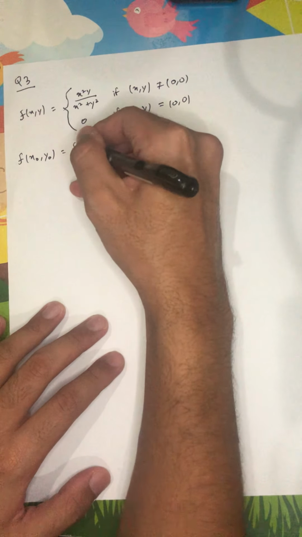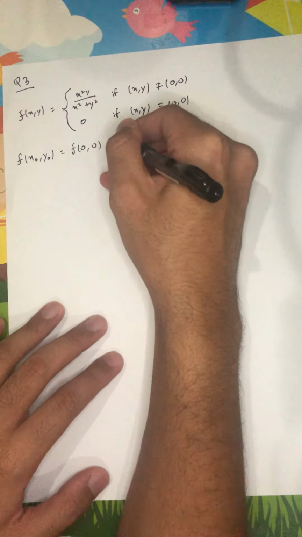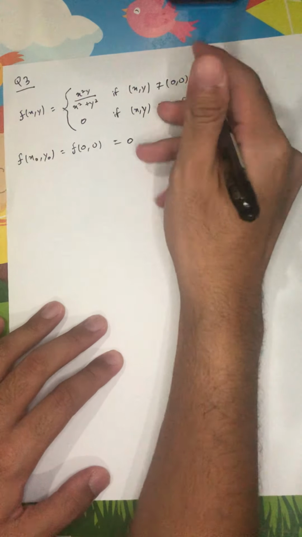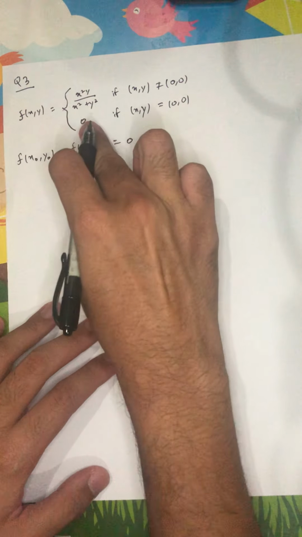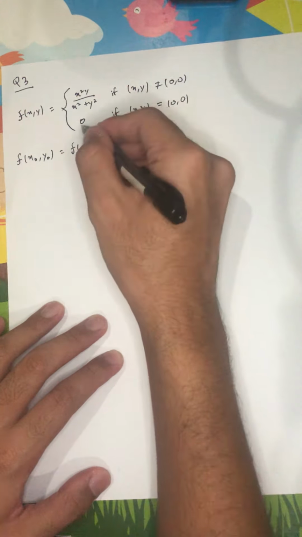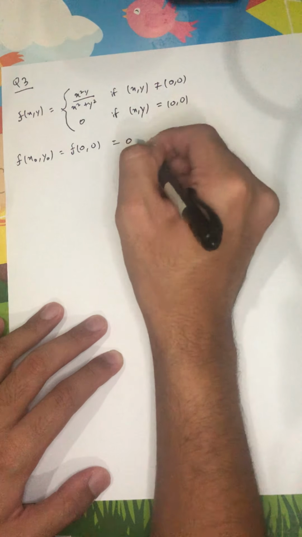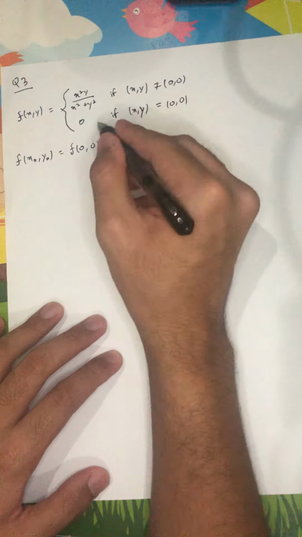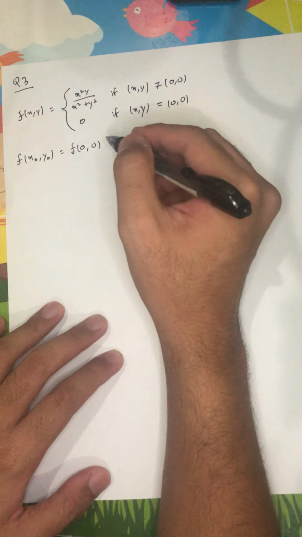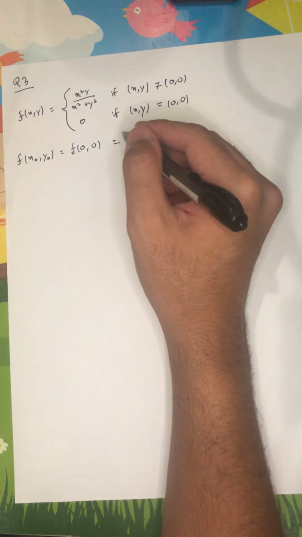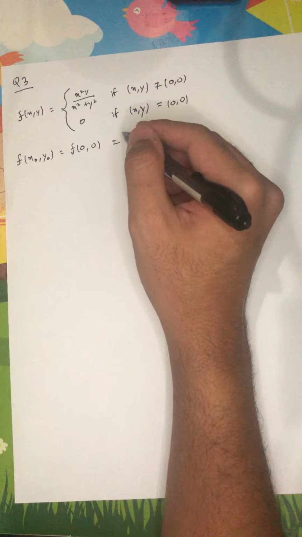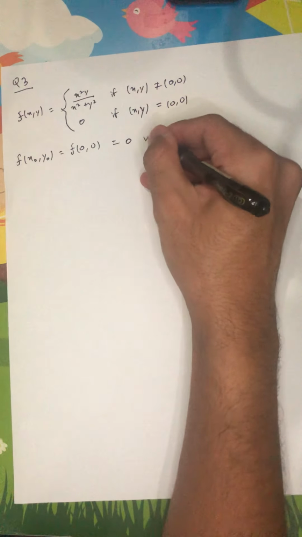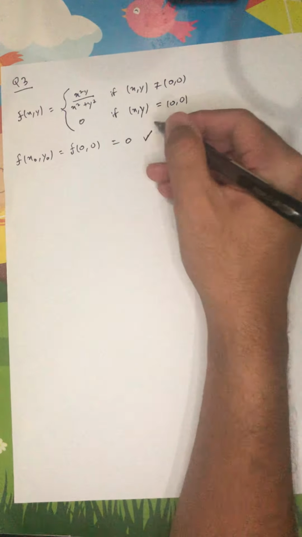So f(0, 0). Is it defined? Yes, it is defined, and the value is 0. It is straight away given in the function, right? If this is 2, then the answer is 2. If it is 3, then 3. But it is defined, right? You have the value, which means it is defined. Now, this is the first rule, which is satisfied. Just put a tick here.